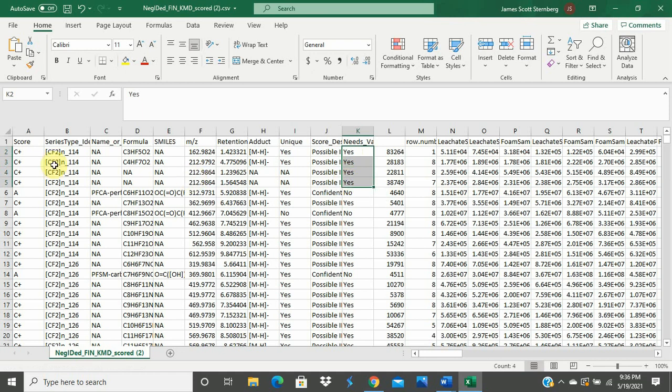Row 6 has a score of A, and this is a confident identification, and it does not need further validation. Numerous studies applying FluoroMatch show that features are accurately identified over 95% of the time when a score of A is assigned, and therefore these do not need further validation.